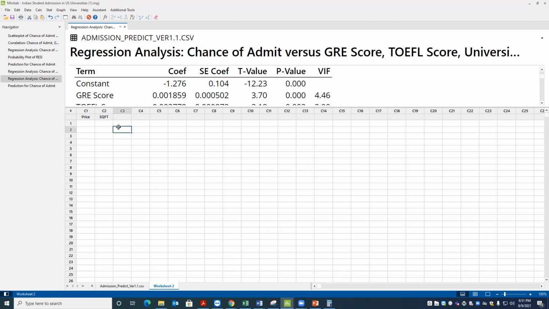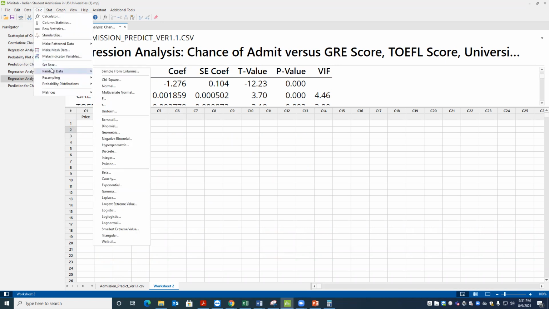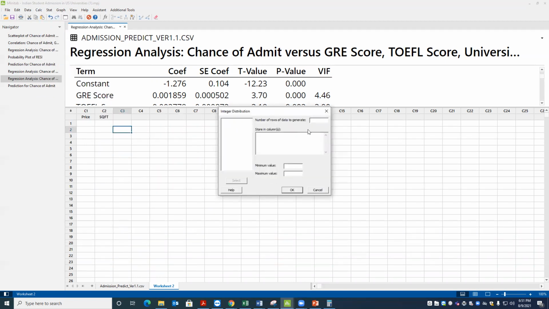I'm going to create random data using integer. I'm going to take 50 data points, 50 house prices, and store them in column price.